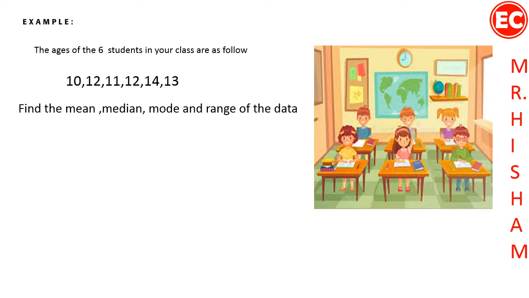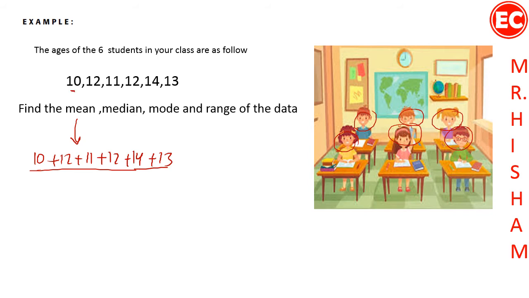To start finding the value of the mean, we add all the values: 10, 12, 11, 12, 14, and 13, divided by the number of students. 1, 2, 3, 4, 5, 6 values.